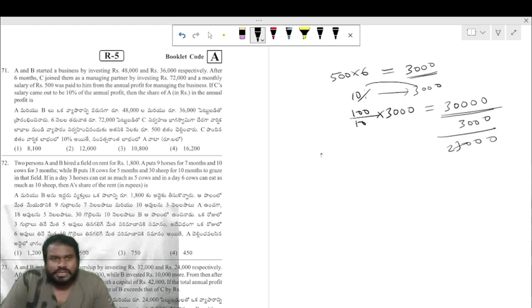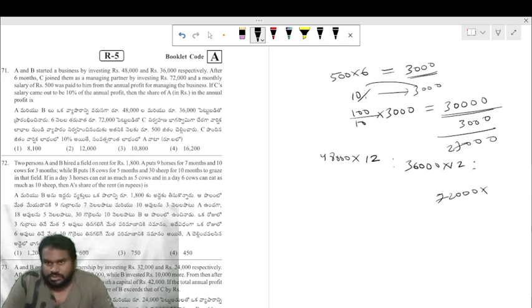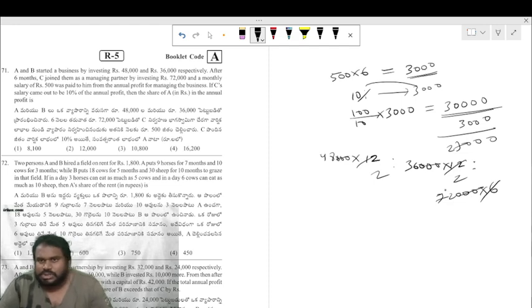Then the share of A is asked. So 48,000 was there for 12 months, 36,000 was there for 12 months, and 72,000 was there for only 6 months. The 3 zeros get cancelled.